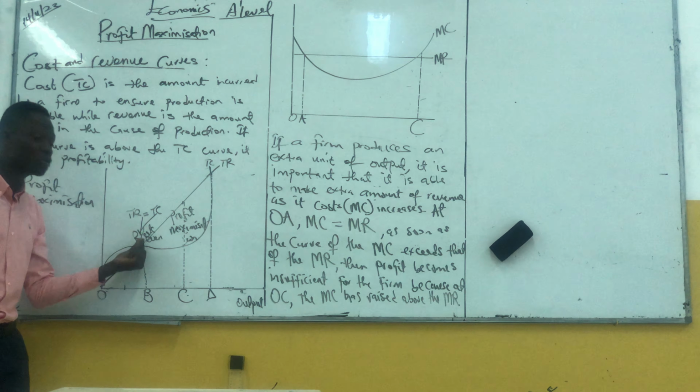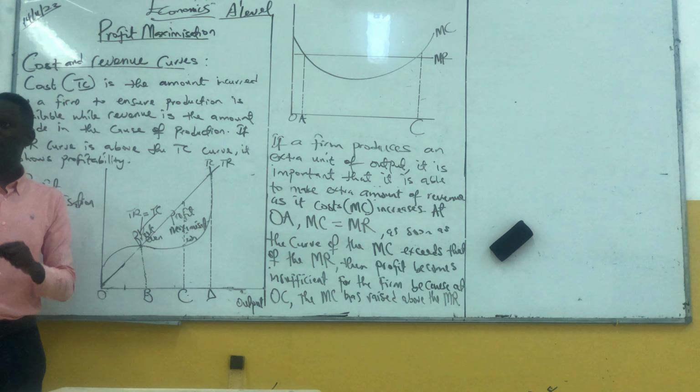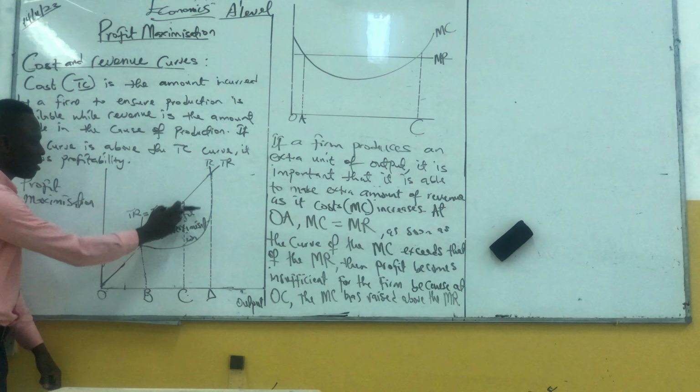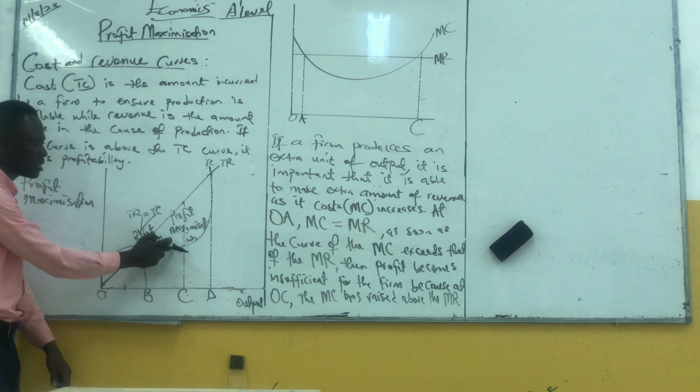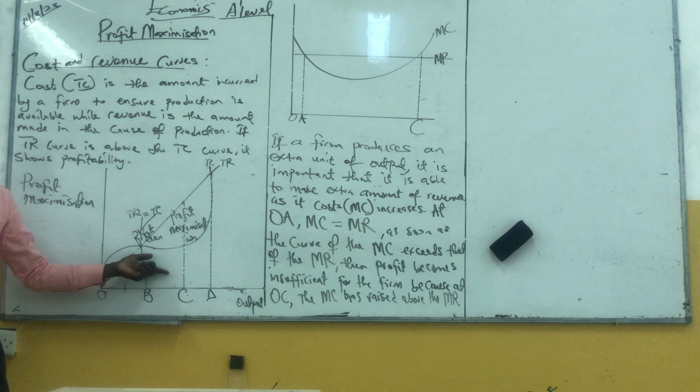At that point, you are witnessing economies of scale, because your total cost has started falling. The profit maximization is in place. This is your profit maximization, because your total revenue is above your total cost. Then you continue to produce.